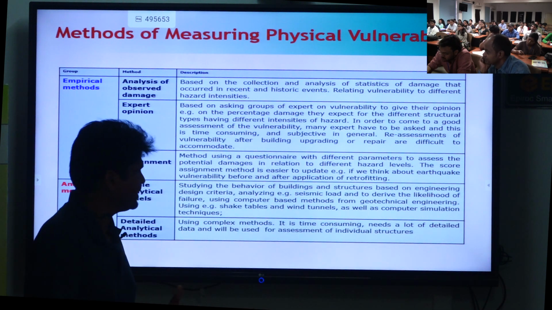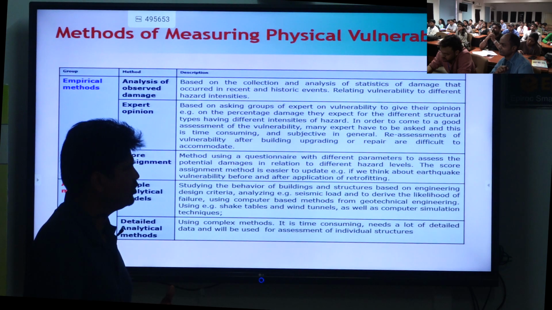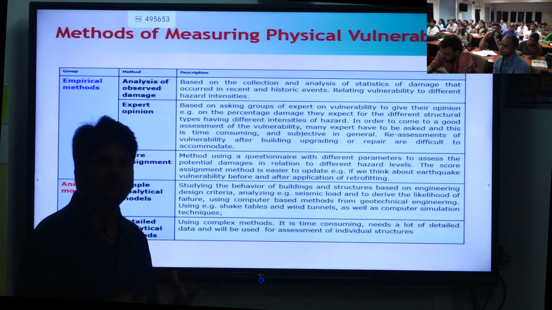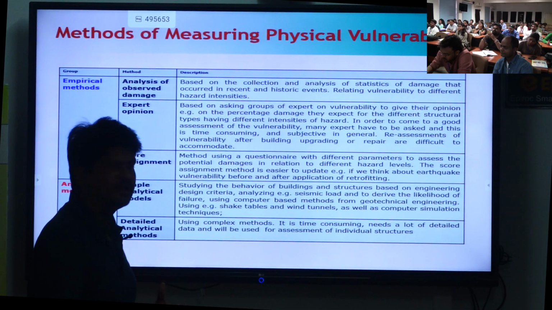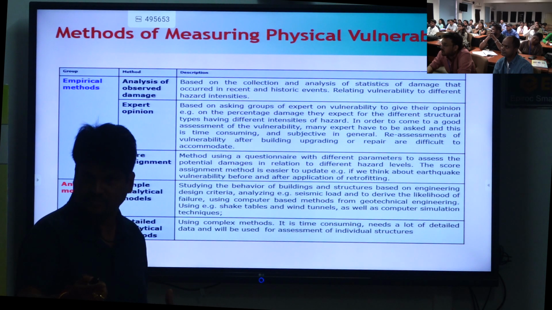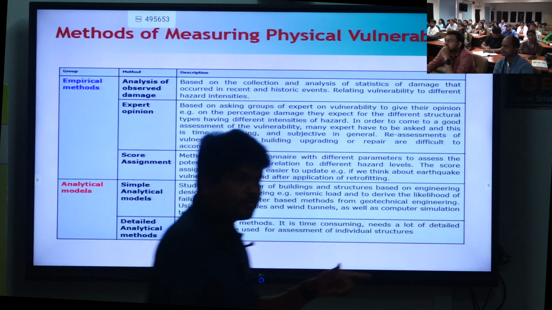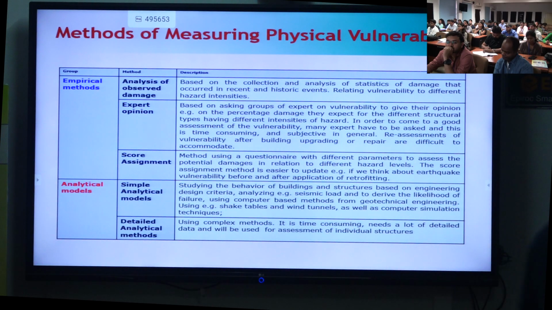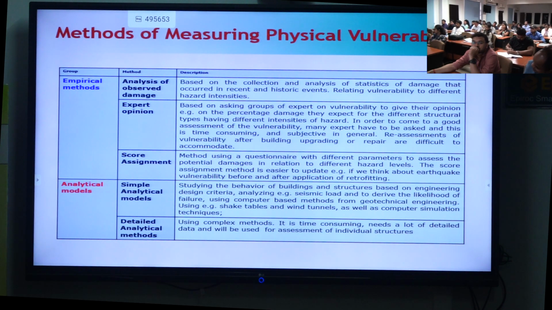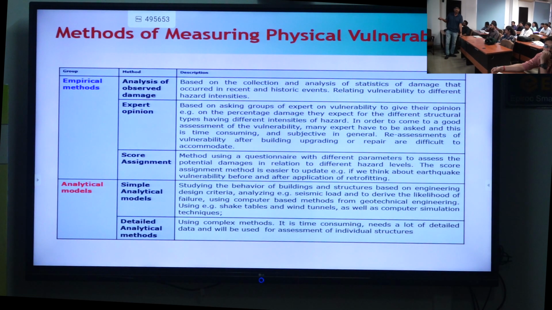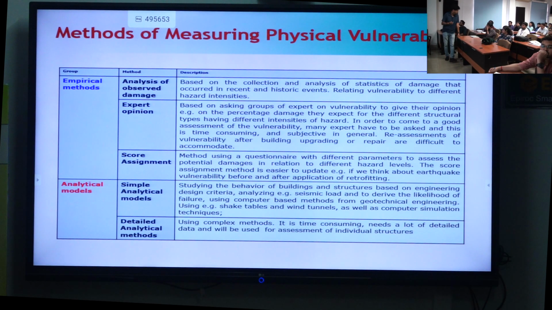Like one example, seismic load, to derive the likelihood of failure, or maybe you can use computer-based assessment as well, right? Finite element analysis, you can do that, right? Or maybe in an earthquake you use the shake table. Shake tables, and also the wind tunnels that they use, to determine the behavior of buildings, the structures.